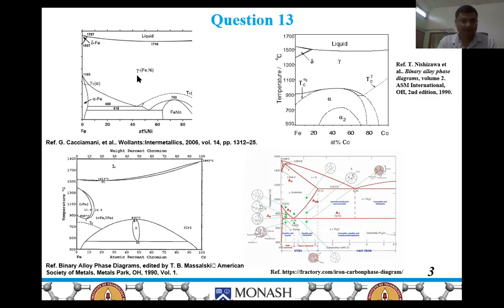Here we cannot infer what the solubility will be for nickel, cobalt and chromium. For chromium we can see the solubility at 1100, but actually we have to look at the fastest diffusing rate. That will be in the case of carbon, because of the difference in the atomic radii of carbon and iron.